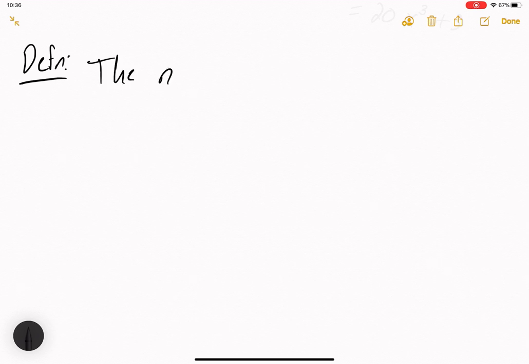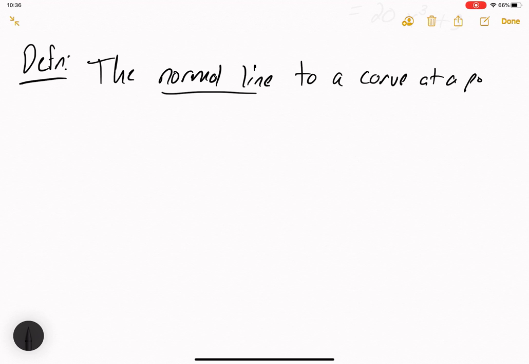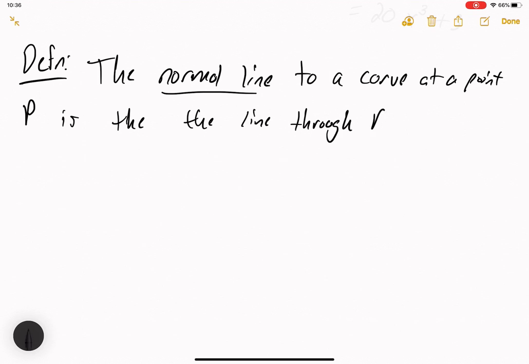The normal line to a curve at a point P is the line through P and that's going to be perpendicular to the tangent at P.